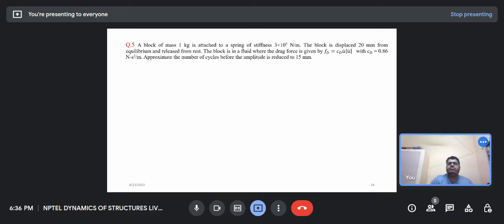We have to find the approximate number of cycles before the amplitude is reduced to 15. We are given an initial displacement of 20 mm, and due to this drag force energy is dissipating, and at what number of cycles my amplitude is reduced to 15.